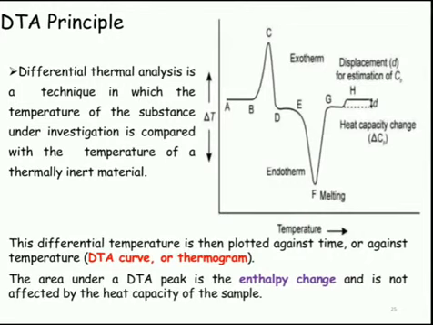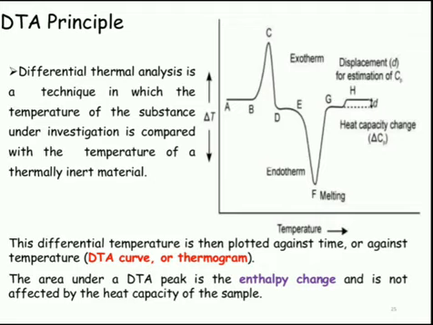So here is the DTA principle. Differential thermal analysis is a technique in which the temperature of the substance under investigation is compared with the temperature of a thermally inert material. The thermogram of differential thermal analysis is shown in the figure.